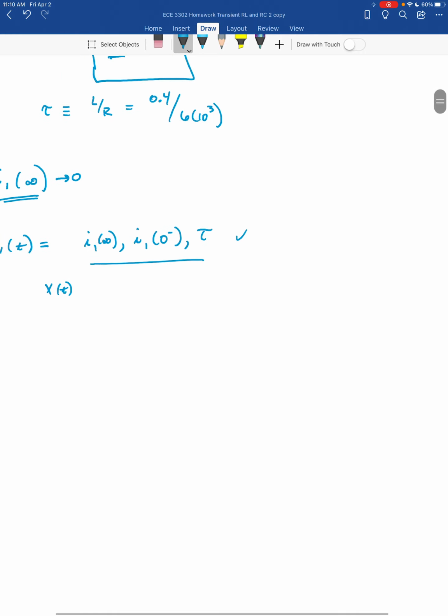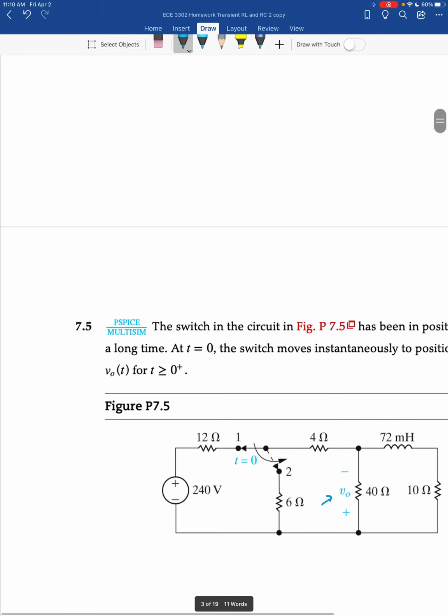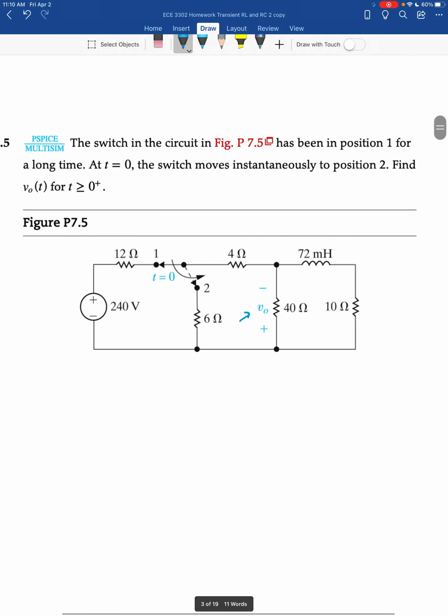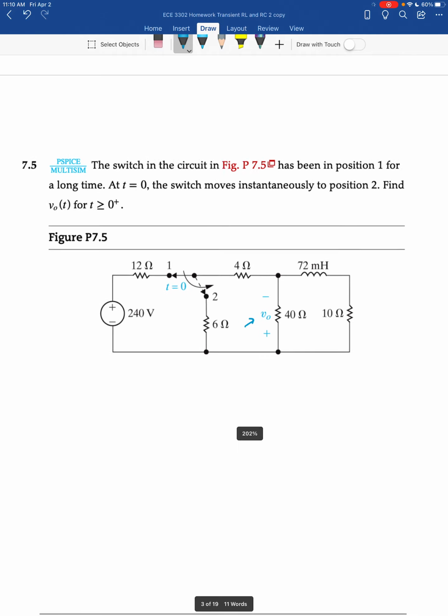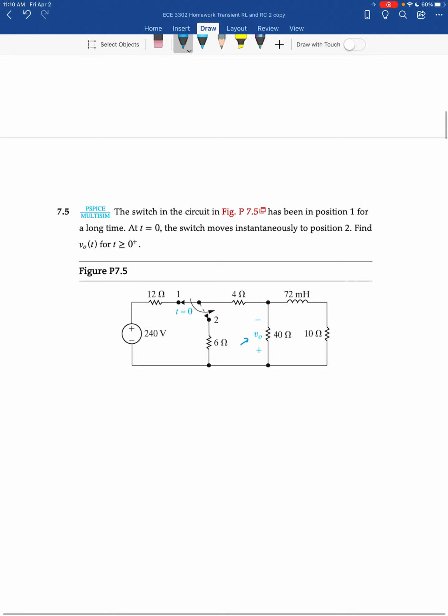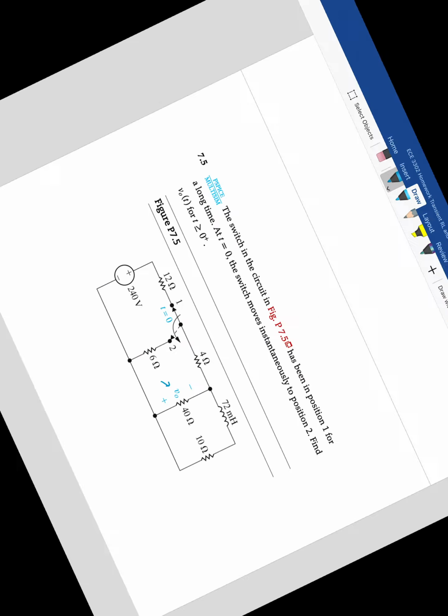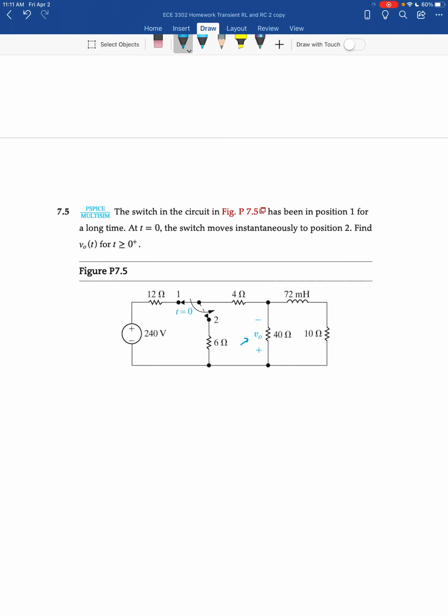That's not really an RLC problem, that's more of a Kirchhoff's current law problem, but I wanted to illustrate it for you just so that you would have that available.